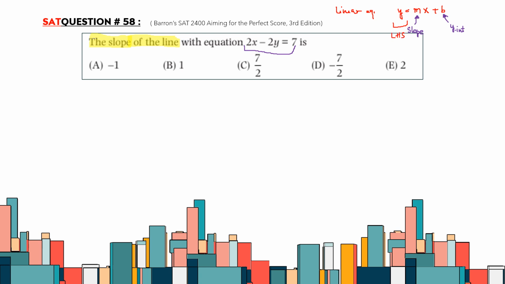So we have 2x minus 2y equals 7. Now we subtract 2x from both sides. This one is gone. We have minus 2y equals minus 2x plus 7.